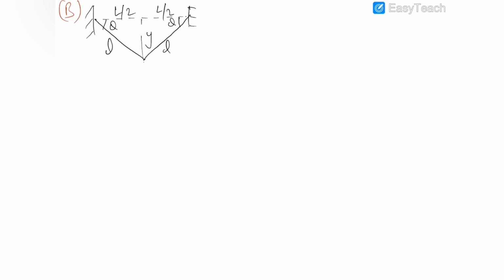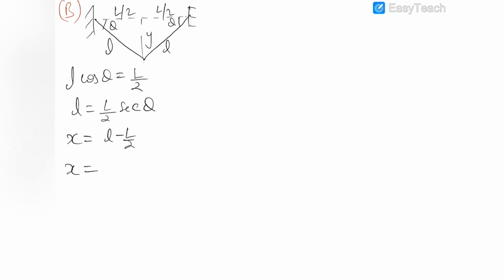So we can say that L dash cos theta is equal to L by 2, and therefore L dash is equal to L by 2 sec theta. So extension in each wire is L dash minus L by 2, which will be L by 2 into sec theta minus 1.